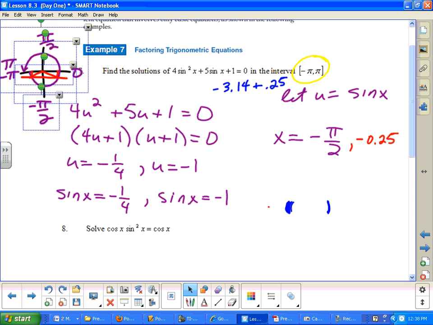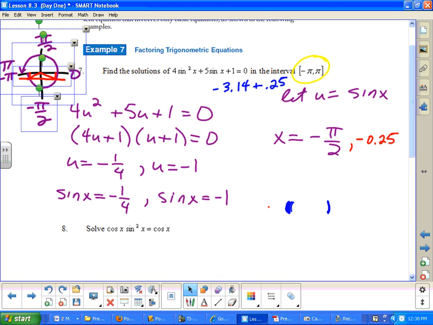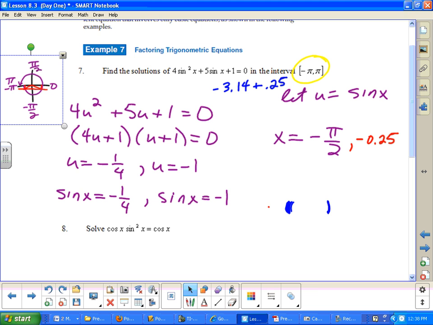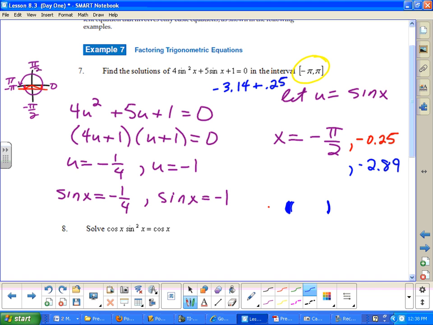Okay. So there's my answers. So x equals negative pi over 2, negative 0.25, and negative 2.89.